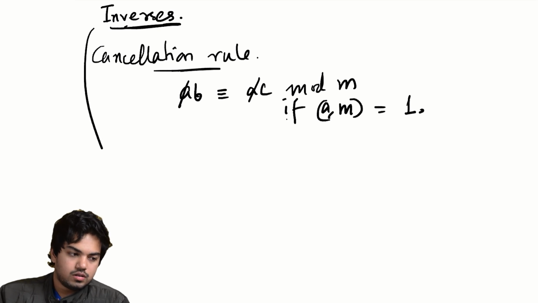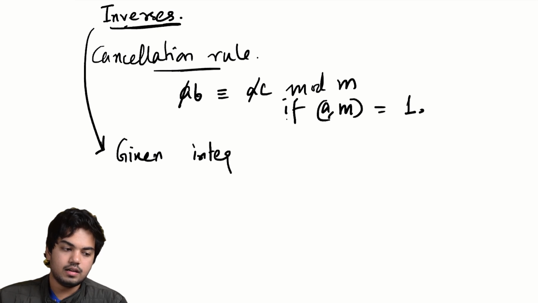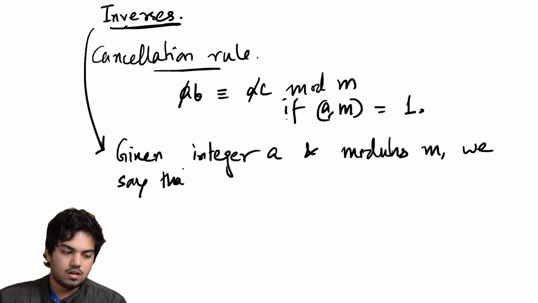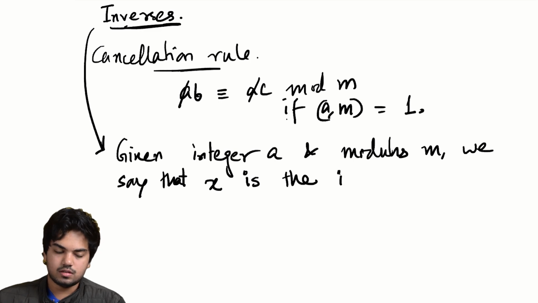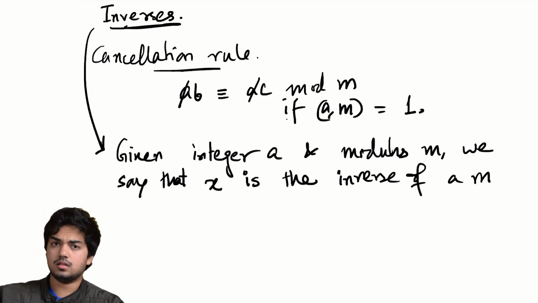A modular inverse: given an integer a and modulus m, we say that x is the inverse of a mod m, where we understand that x is a residue, so it's a number between 0 and m minus 1.